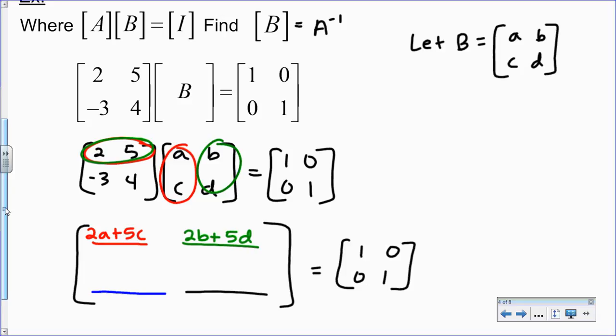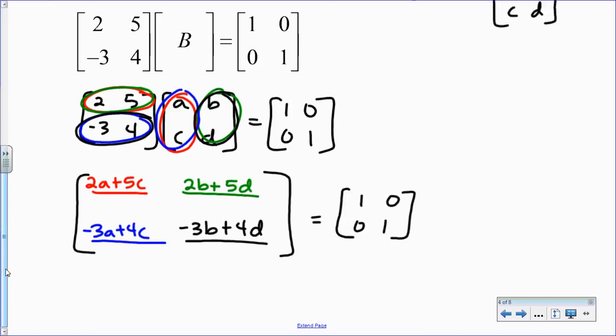Okay, so then the second row, first column should be -3A plus 4C. And then the second row, second column should be -3B plus 4D. When those simplify, they should simplify to 1, 0, 0, 1.